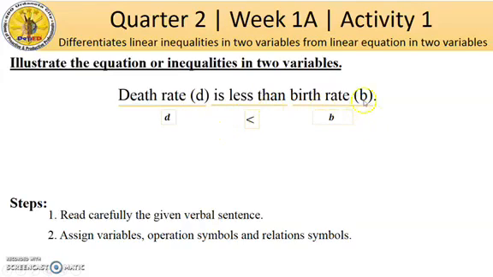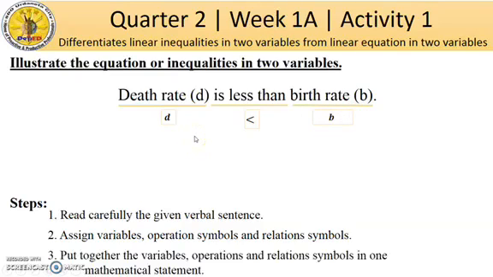Birth rate, we have given B. Now, putting this together, we have D is less than B. Death rate is less than birth rate. In symbol, we have D is less than B. Okay, so now we're done with activity 1 of week 1A for the second quarter.